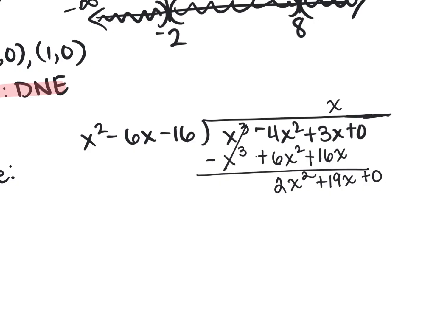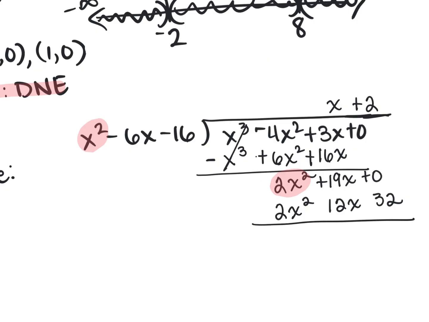Now at this point, I'm taking this 2x squared, and I'm going to divide it by x squared. So 2x squared divided by x squared is going to result in a +2. So then I multiply each term of the left-hand trinomial by 2. So I have 2x squared, I have 12x, and I have 32.